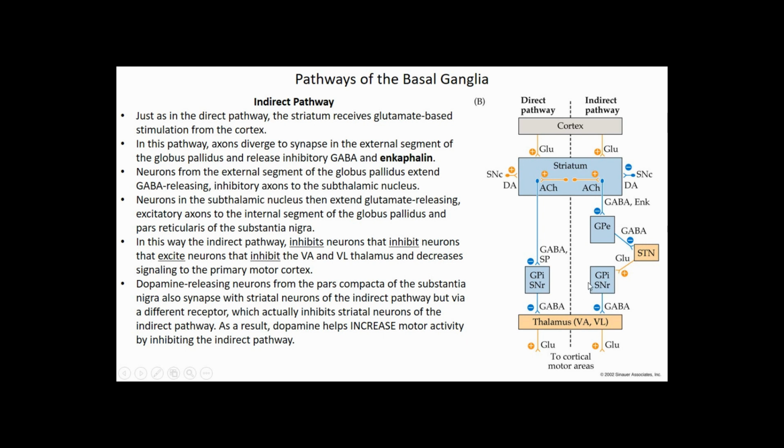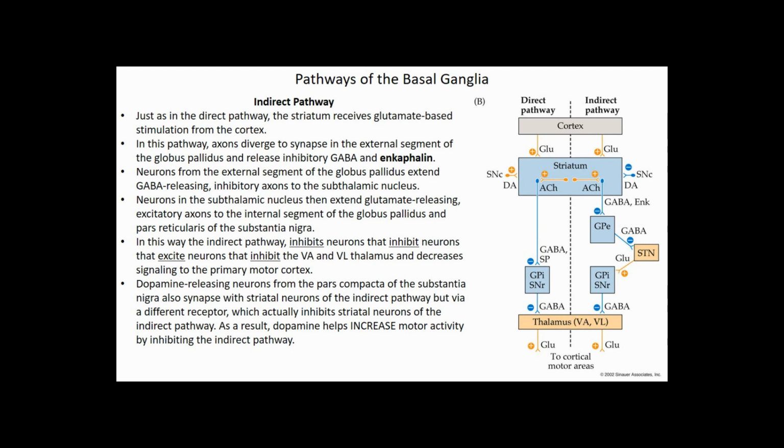So right here we're at the exact same part, but now what we've done is we've inhibited neurons that inhibit neurons that excite neurons that inhibit the VA and VL thalamus. Now, if you are mad at me for saying that last sentence, I feel your pain, but we're basically stuck there. The long story short is indirect pathway activity will tend to decrease the amount of activity from the VA and VL thalamus, which will then result in a net decrease of motor activity.